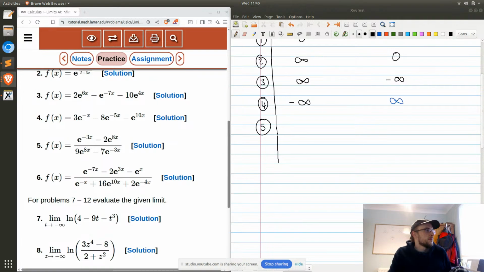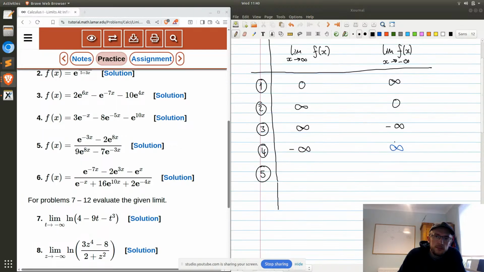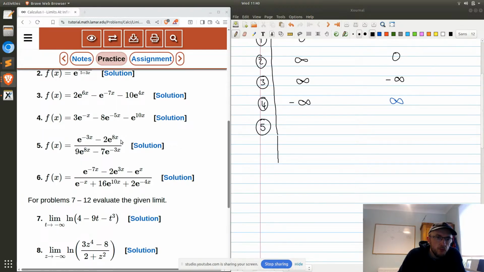All right. What do I make of this fifth one here? Okay. All right, so on the numerator, as I put in x equals infinity, I will get negative infinity.